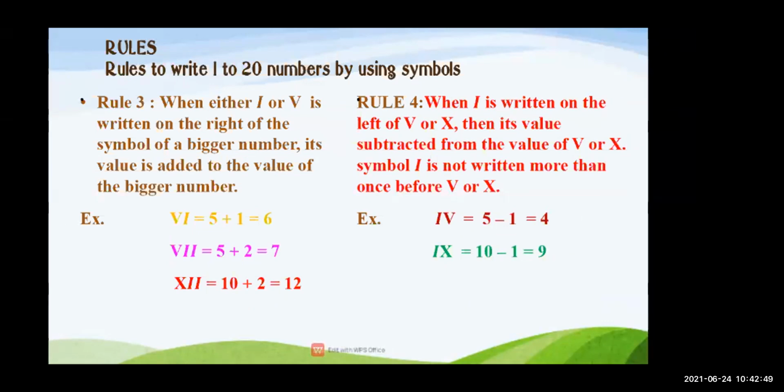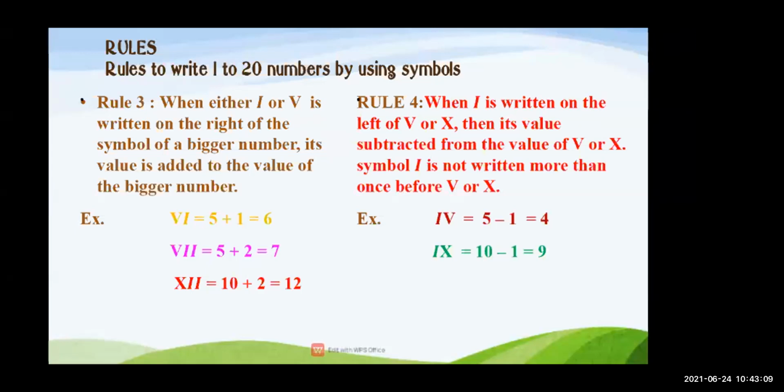Yeah. So, what is the third rule telling? If either I or V is written on the right side of the symbol of a bigger number, its value is added to the value of the bigger number.